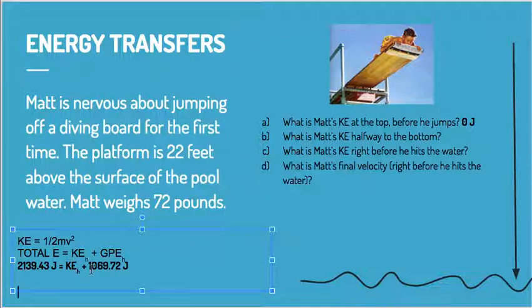Okay, so if we rearrange this equation, we can find that kinetic energy halfway down for Matt is equal to 2139.43 minus 1069.72, which is equal to 1069.71 joules. Because we rounded these two values, we're not going to get a number that's exactly divided in half.